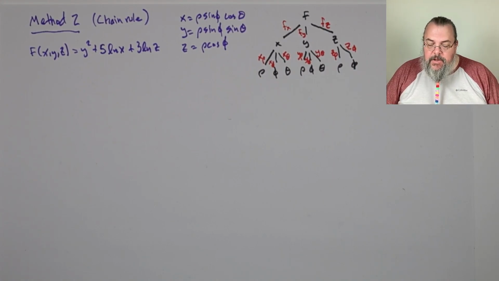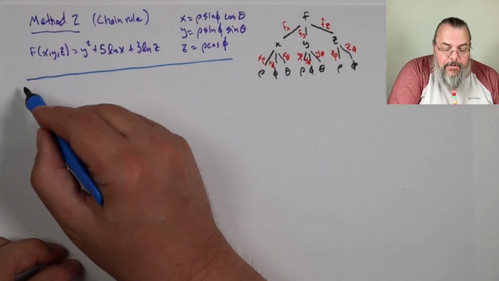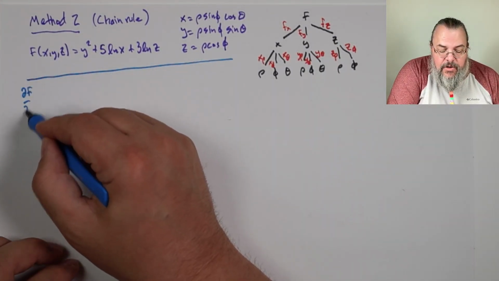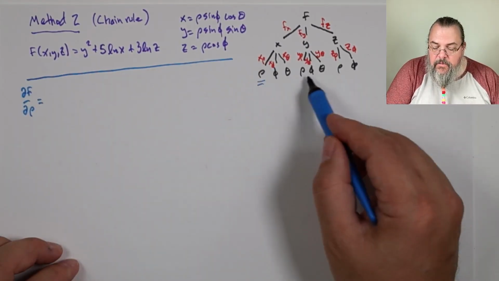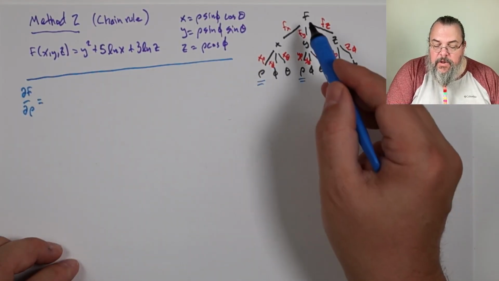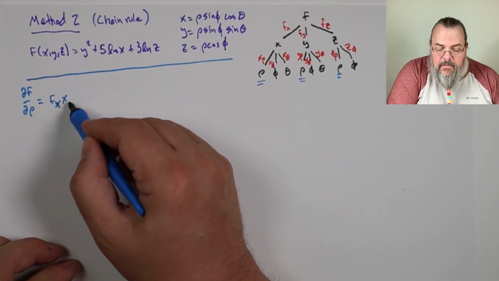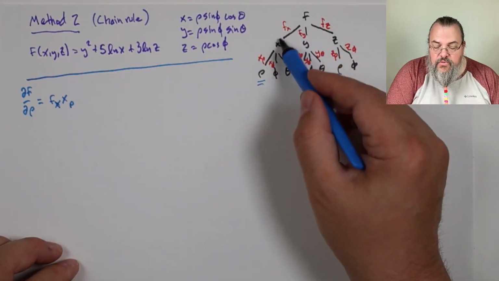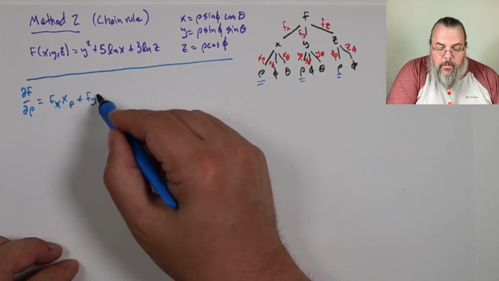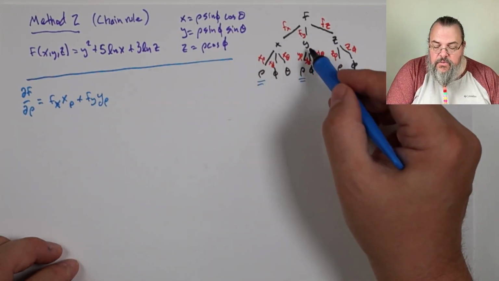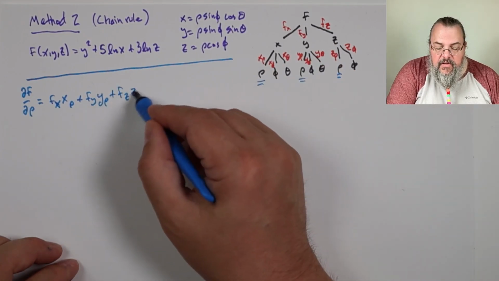So what's going to happen? Well, let's start with partial f, partial rho. So if we're going to do partial f, partial rho, we're doing our rows. We're going to do f sub x times x sub rho, right? Plus f sub y, y sub rho, plus f sub z times z sub rho.